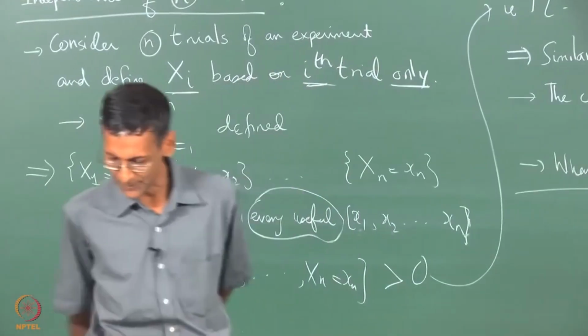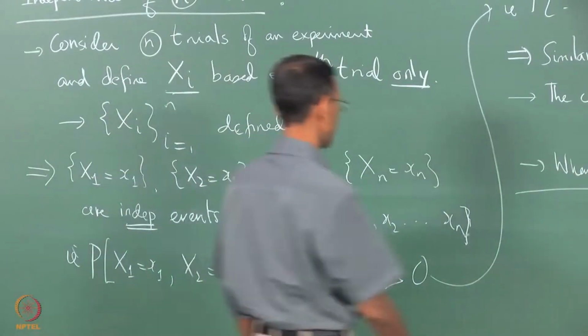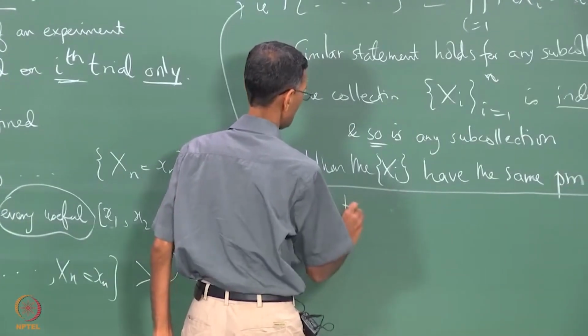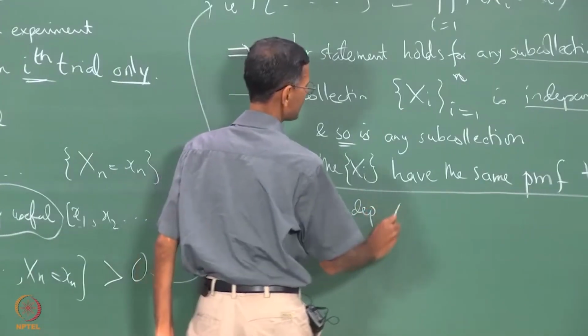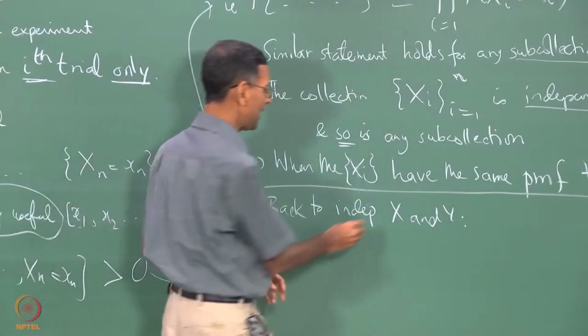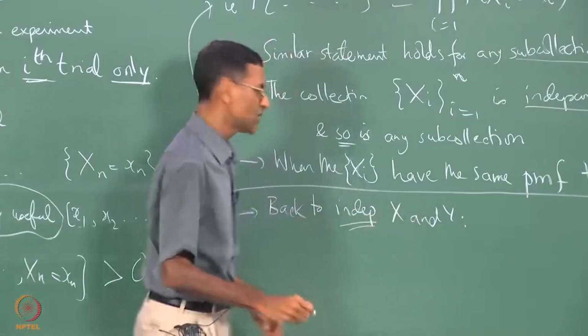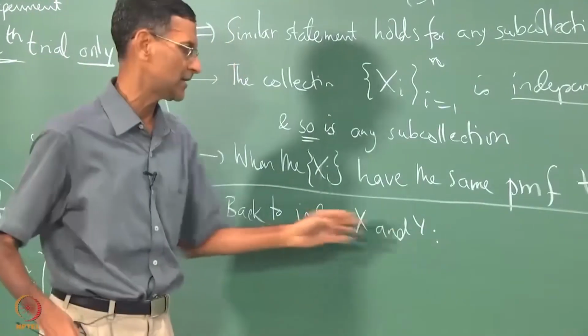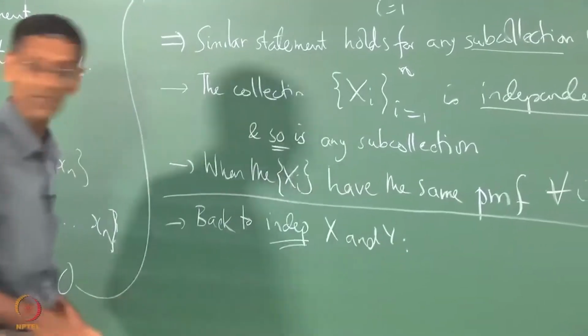Alright, so now let us continue with the 2 random variable case, back to the 2 random variables X and Y, back to independent X and Y. If you have just the 2 random variables, this means that the joint is a product of the marginals.